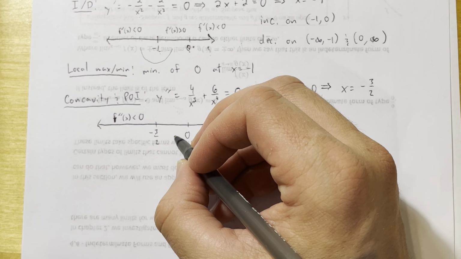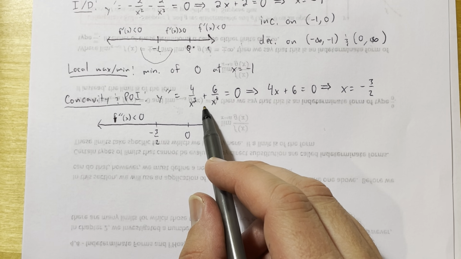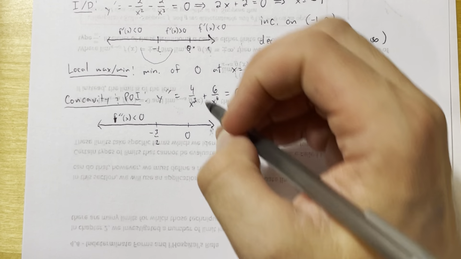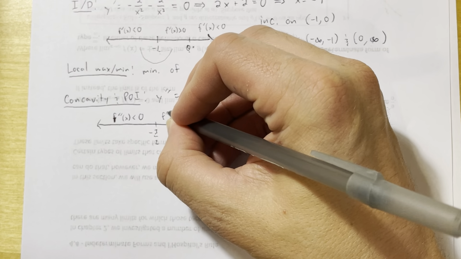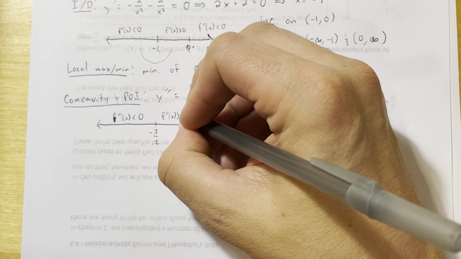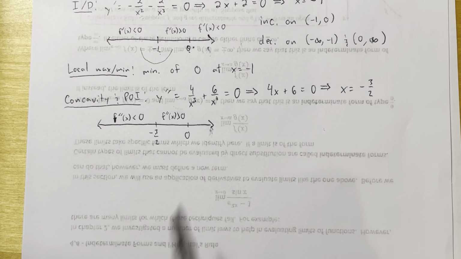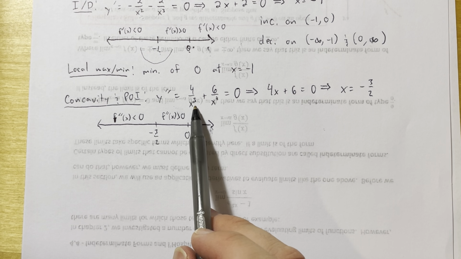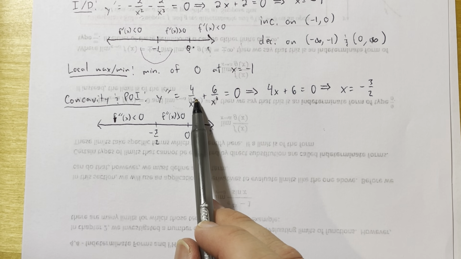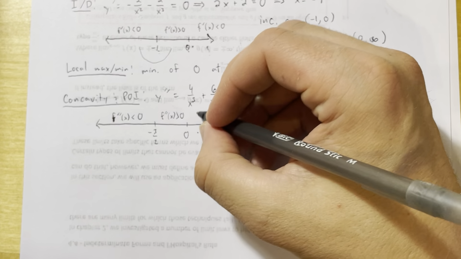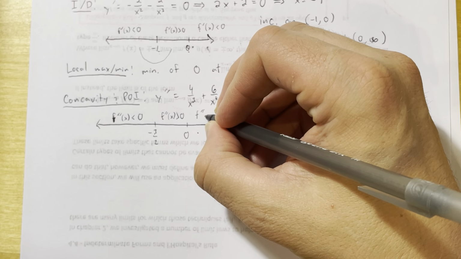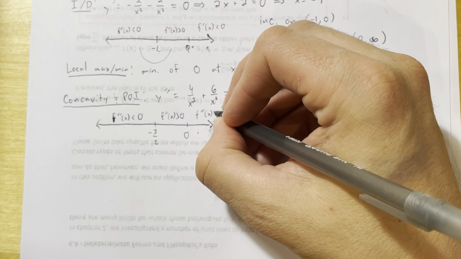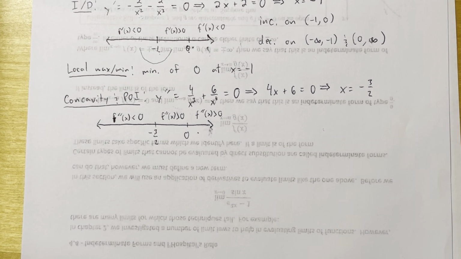Pick like maybe negative 1, for example, plug that in here. You're going to get negative 4 plus 6, which is positive 2, so we end up with a positive second derivative there. And then pick anything to the right of 0, any positive number. If you plug any positive number in for my x's here, then this is guaranteed to be a positive plus a positive, which is positive. Notice I don't have a change in concavity there. I'm just concave up on either side of 0.